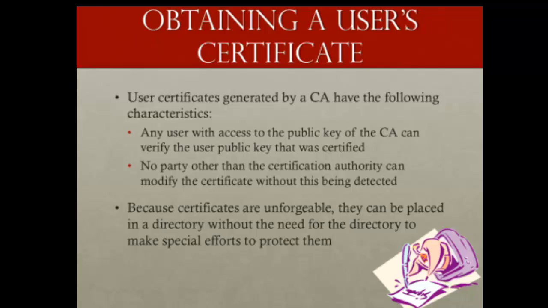Because certificates are unforgeable, they can be placed in a directory without the need for the directory to make special efforts to protect them. If all users subscribe to the same CA, then there is a common trust to that CA. All user certificates can be placed in the directory for access by all users.